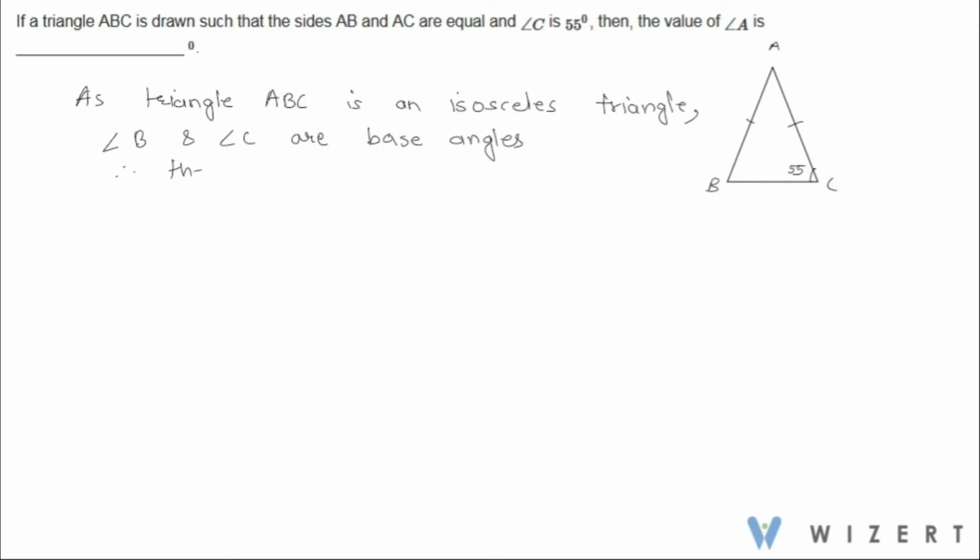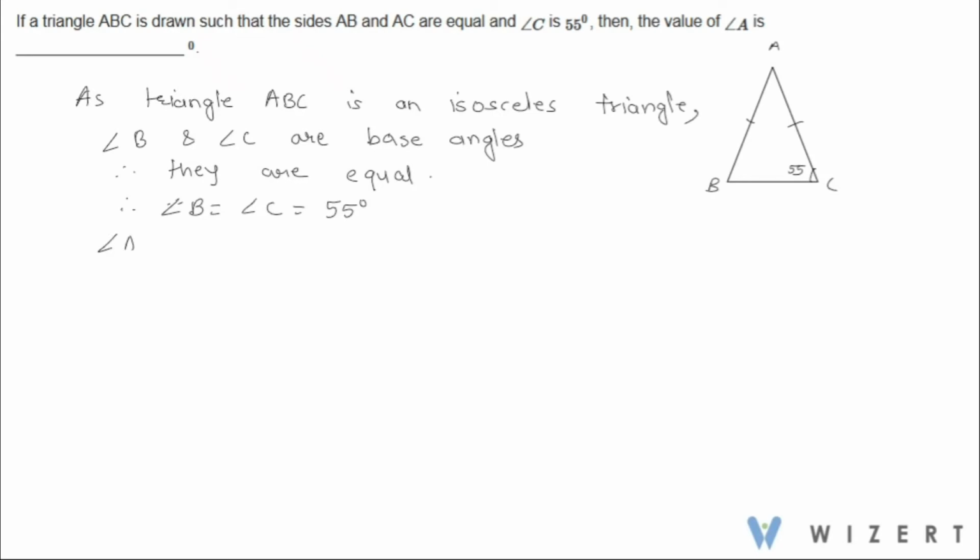Therefore they are equal. Therefore we can say angle B equal to angle C equal to 55 degrees. We have to find the measure of angle A.